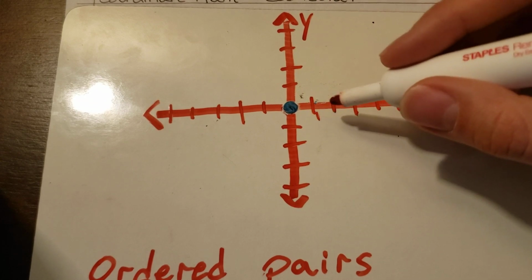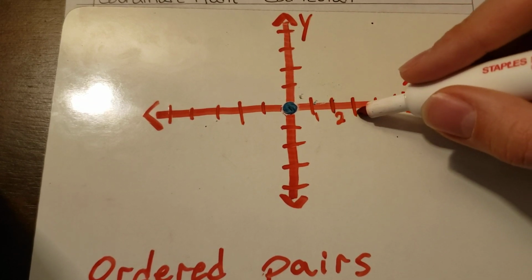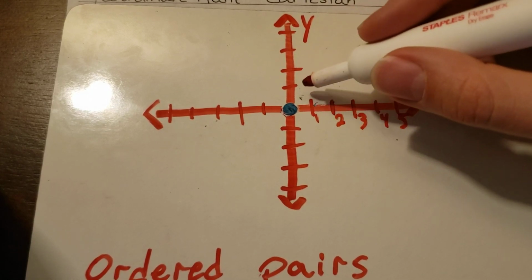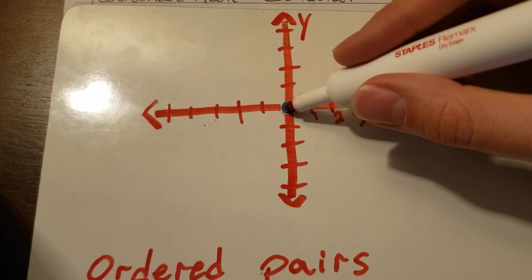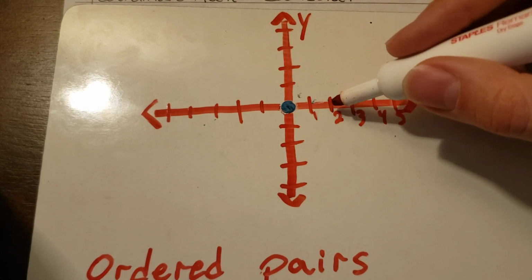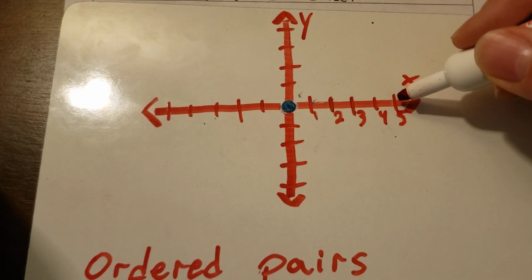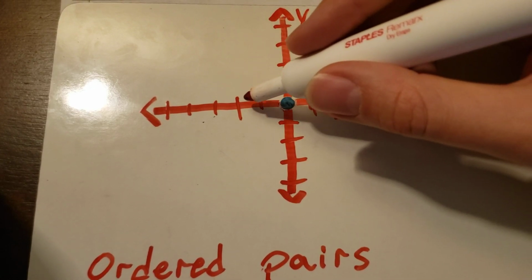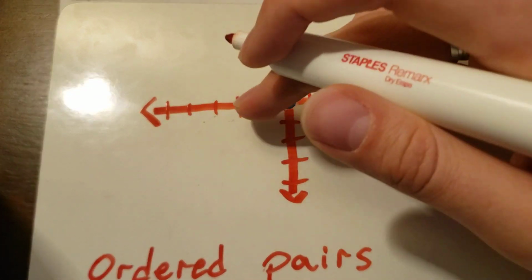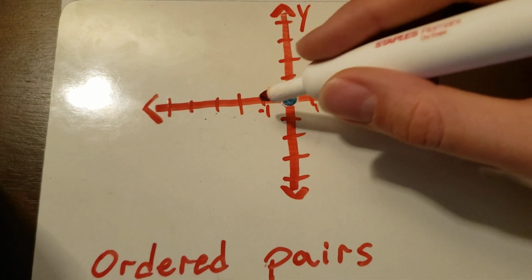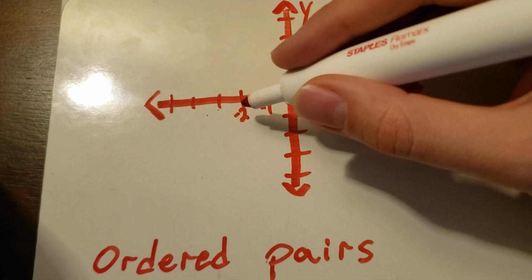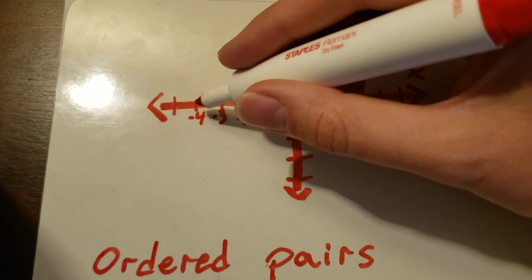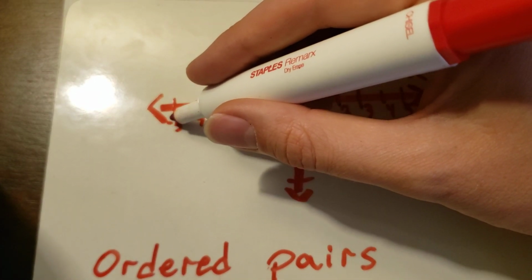Now each of these measures 1, 2, 3, 4, 5. And again, I'm starting at 0 and counting 1, 2, 3, 4, 5. But if we had a regular number line and we were going left of 0, we're going to call it -1, -2, -3, -4, and -5.